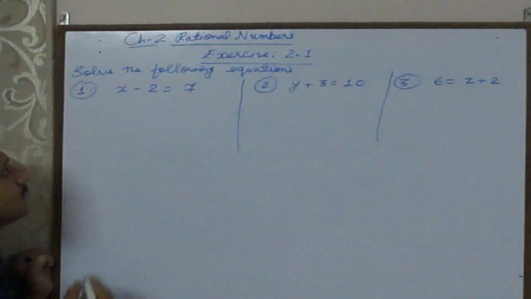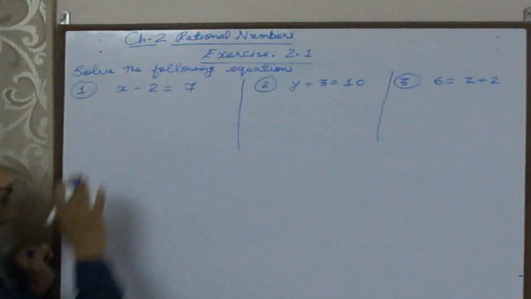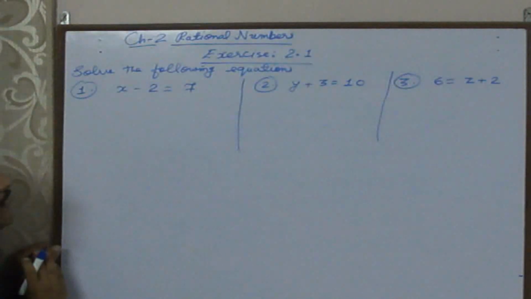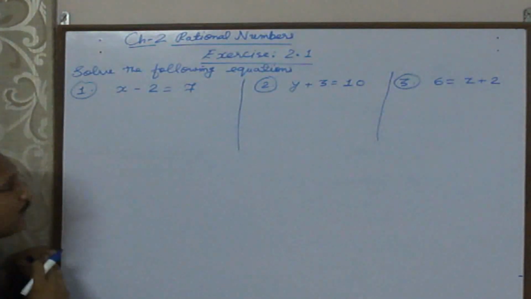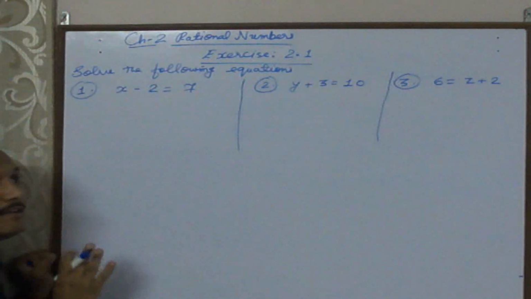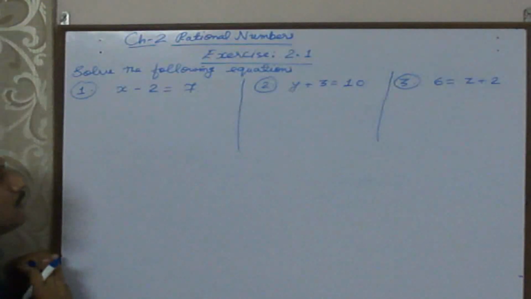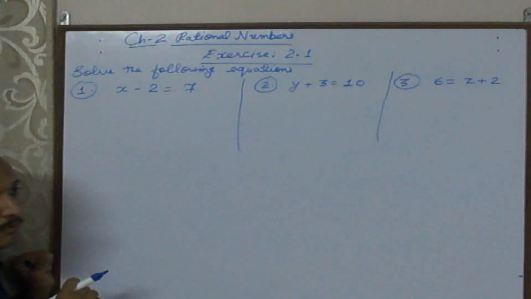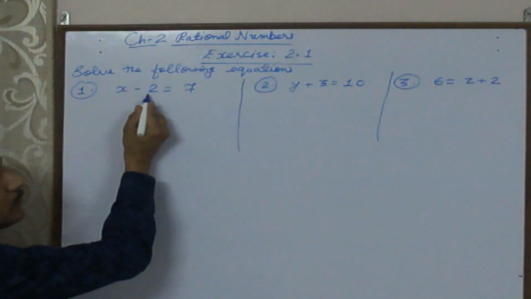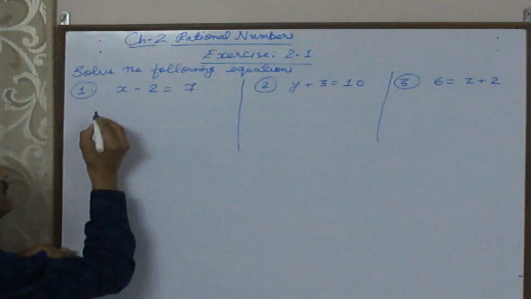Now we are going to start exercise 2.1, and in this we have to solve some equations. So let's try one by one all these equations. The first one is x minus 2 equals 7. This is a very simple equation we have to solve. What we have to do is transpose minus 2 to the other side of the equation.